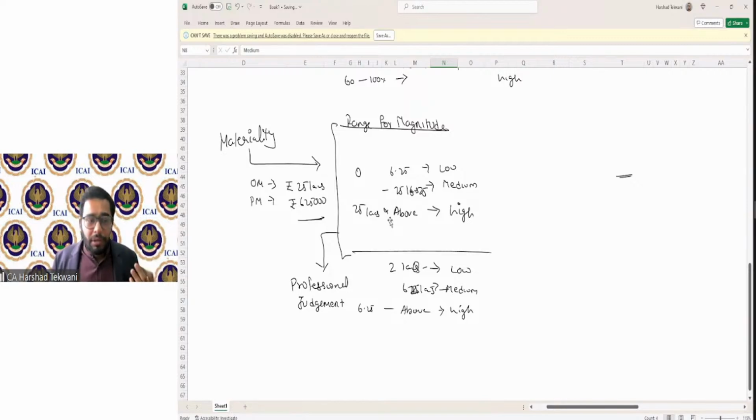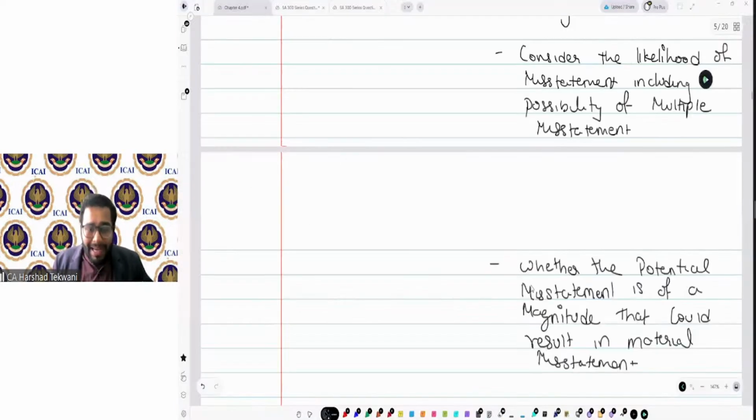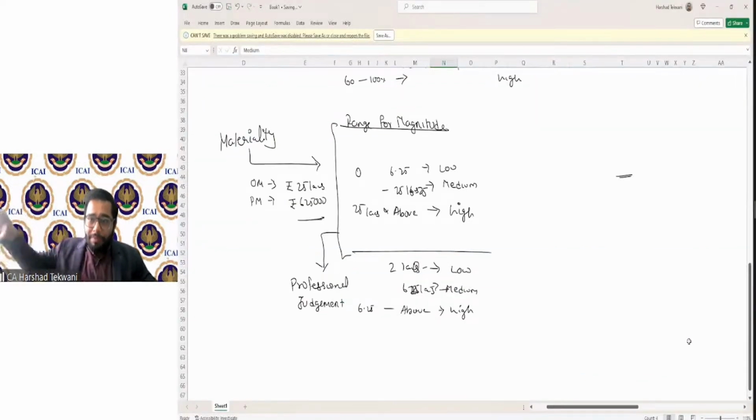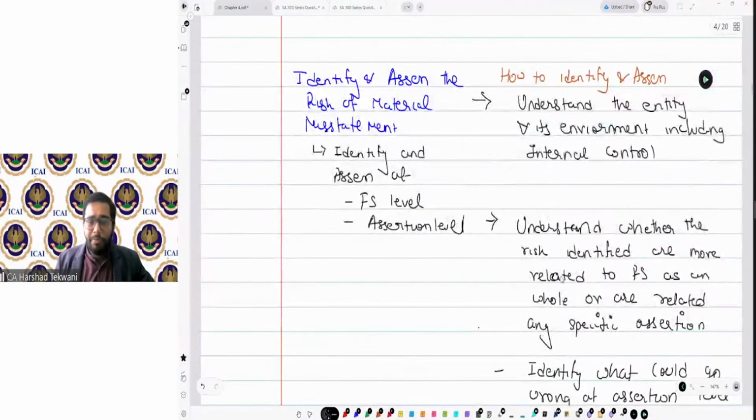We took up the misstatement and compared it with the materiality so that we can understand whether the misstatement is material or not. So we actually performed this in the last lecture.